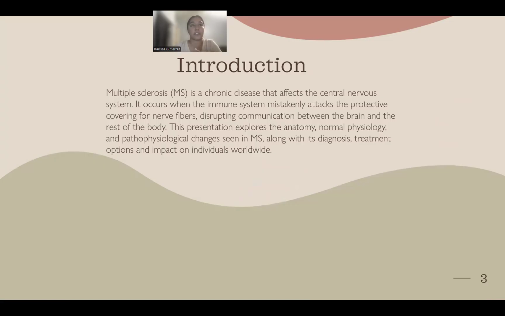It occurs when the immune system mistakenly attacks the protective covering of the nerve fibers, disrupting communication between the brain and the rest of the body. My presentation is going to explore the anatomy of it, the normal physiology, what happens in the pathophysiological changes, along with diagnosis, treatment options, and also impacts on individuals worldwide.